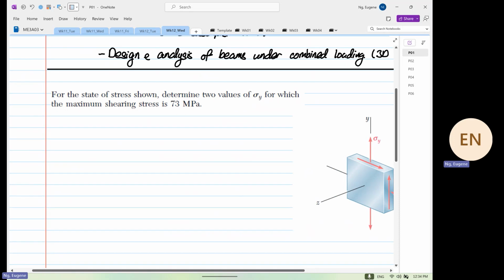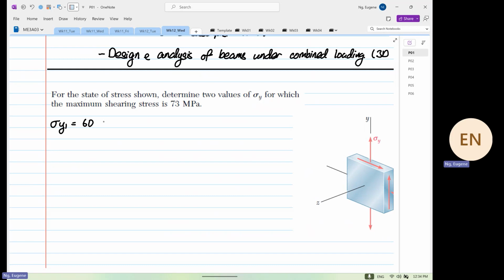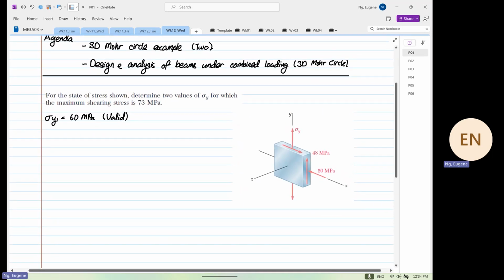We found that stress Y1 is equal to 60 megapascal, and this is the valid one. This question wants us to find how many values? Two values. So we are short of one more value.